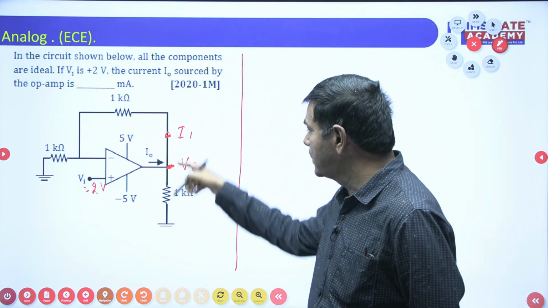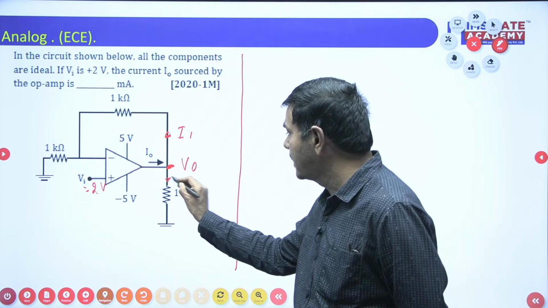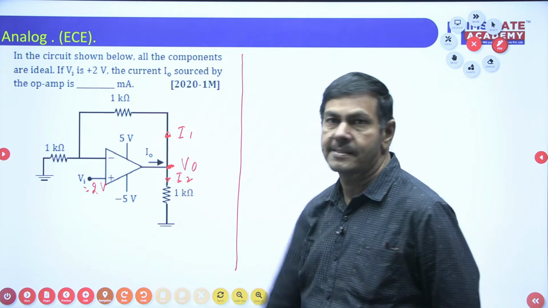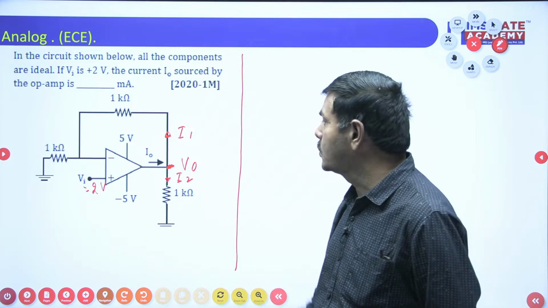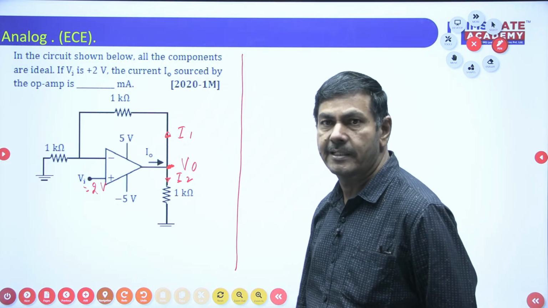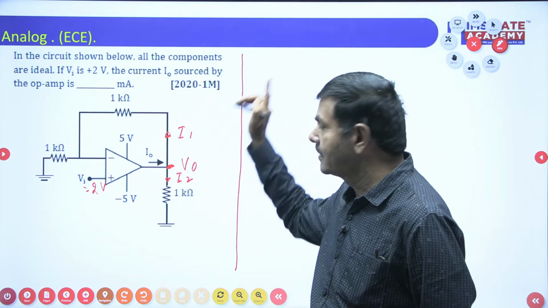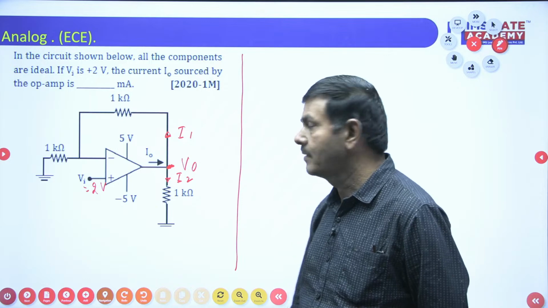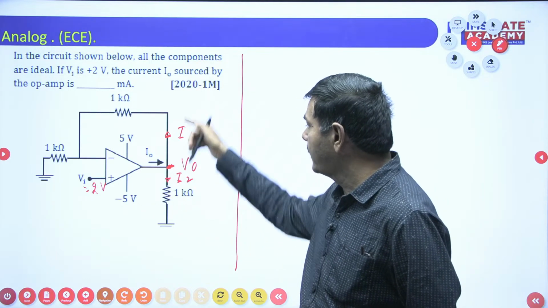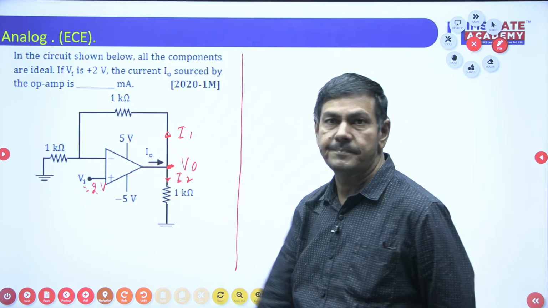Because of this V0, some current is also going to flow this side. This current I have taken as I2. These are all conventional directions. If you get I1 and I2 positive, the direction we have taken is right. If you get I1 and I2 negative, the direction will be opposite. Finally, I0 is calculated by I1 plus I2. The addition of these two currents gives the I0 value.